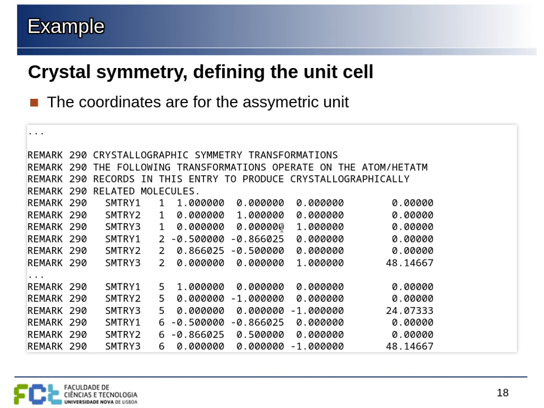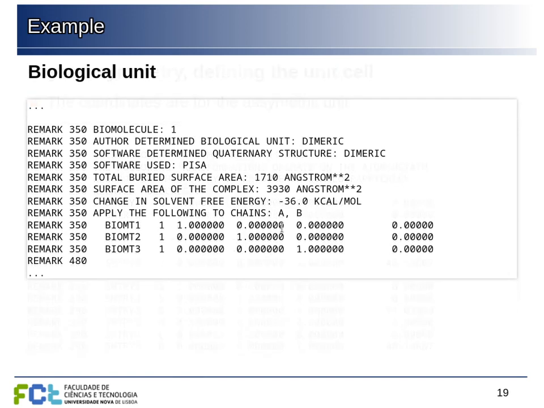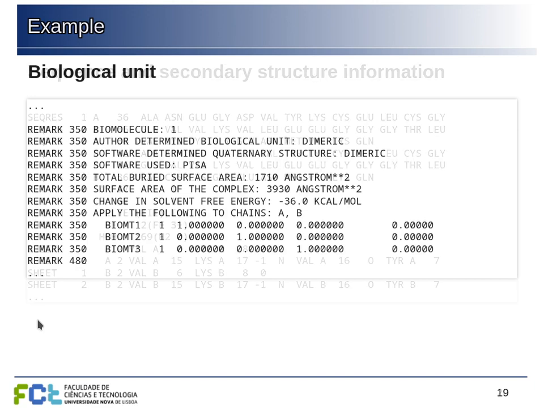This is mostly interesting for crystallographers, not for actually using the structure. But then you have also this information about the biological unit. I'm going to talk about this a bit more further on, but you have this information about how to compute the biological unit of this protein from the coordinate data that you have in the file.